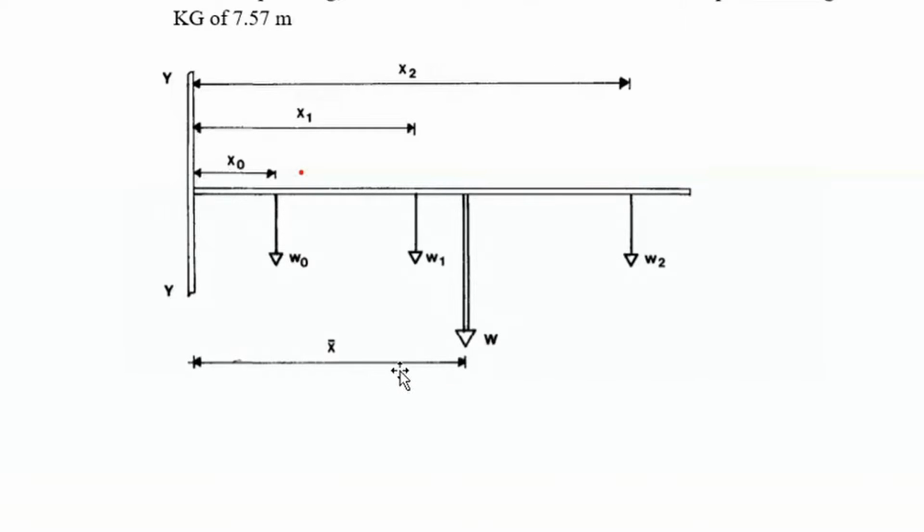They have represented it as X bar. W times X bar is equal to W0 X0 plus W1 X1 plus W2 X2, divided by W0 plus W1 plus W2, and that is equal to W. W0 plus W1 plus W2 is equal to W, and so this product divided by W is equal to X bar. So this is the basic concept.